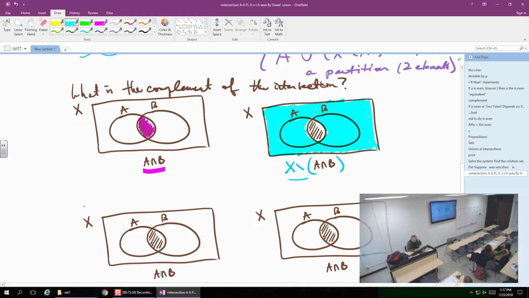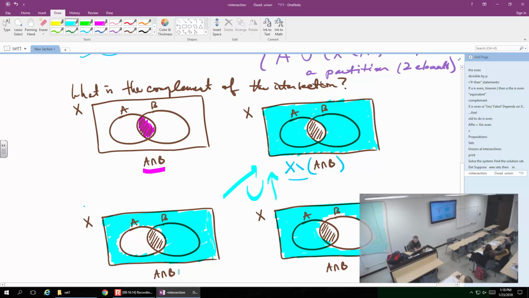I'm going to do, on the left, the complement of A. This is the complement of A, right? And here I will do the complement of B. Okay, do you see it? So these two combined together through the union give me the whole thing over there on the right.